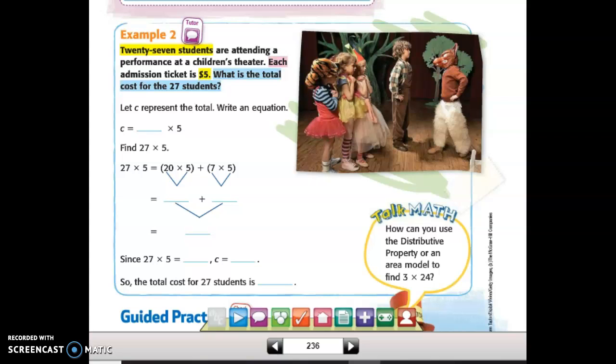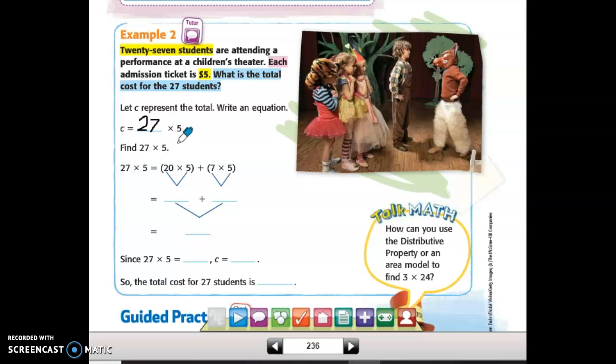So we're going to write an equation. C represents the total cost. So the cost is something times $5. Well, going back up, 27 students. What is the total cost for the 27 students? So 5 times 27. And you'll see the next step underneath it says find 27 times 5.